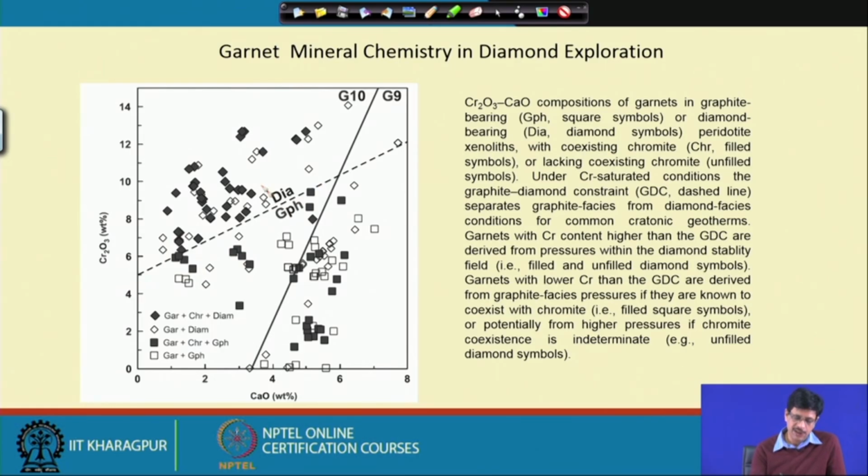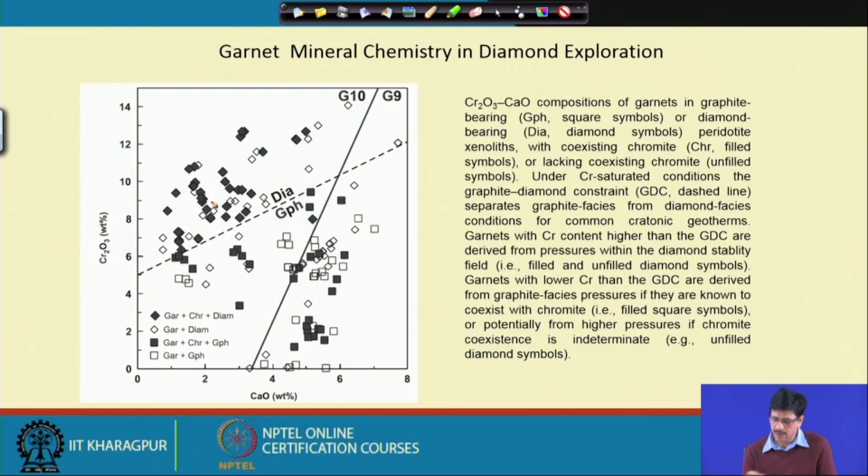When this G10 garnet falls in the diamond stability field, those are the kimberlites which are likely to be diamond bearing. Here the solid square represents garnet plus chromite plus graphite, and the solid diamond represents garnet plus chromite plus diamond. So, this gives us a very conclusive idea. These are the areas in which graphite will be stable along with garnet and chromite, and this field will be the field for diamond stability.